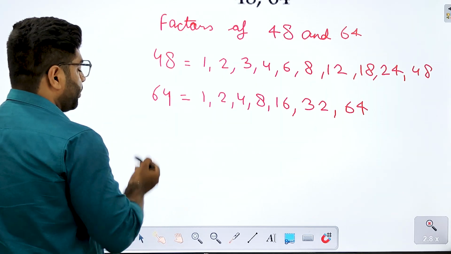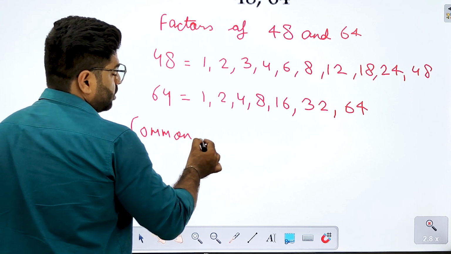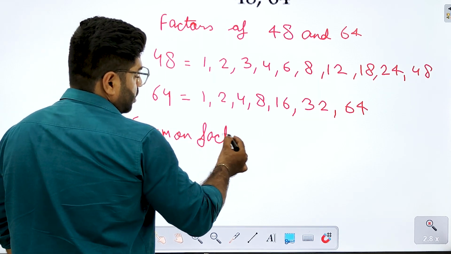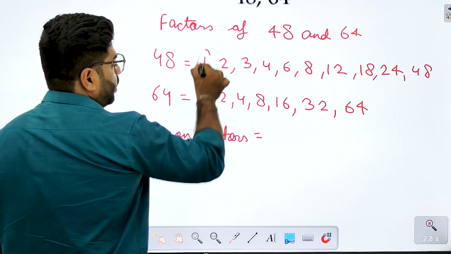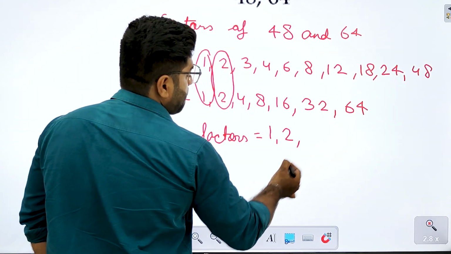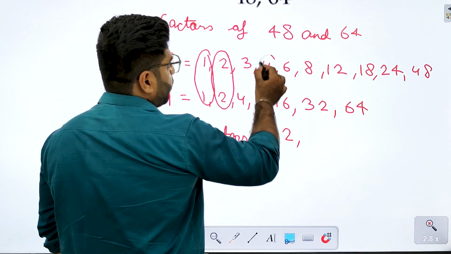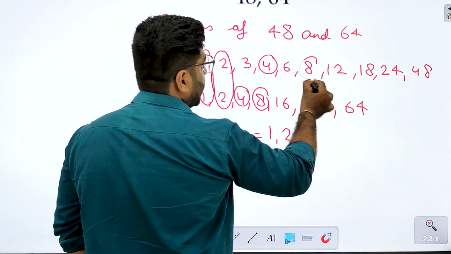Now we have to find the common factors. Let's see what the common factors of these two numbers are. We have 1, 2, then 4, then 8.